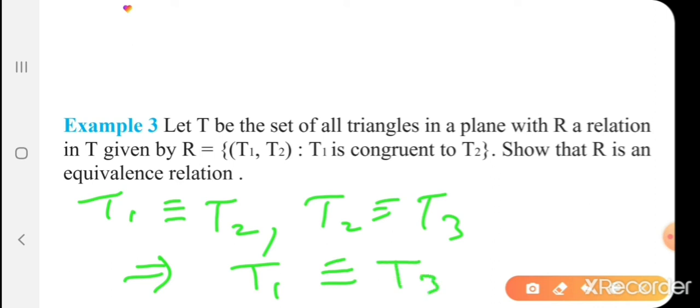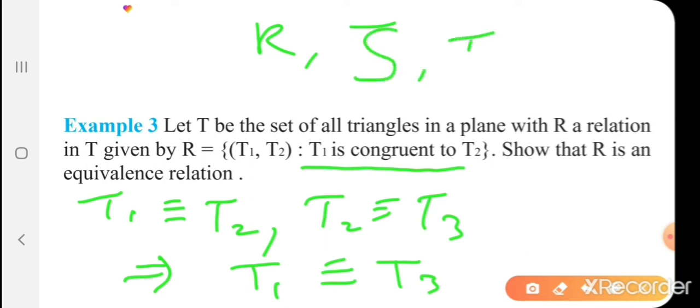So it is clear that it is transitive. So the congruence property satisfies reflexive, symmetric, and transitive. So this is an equivalence relation.